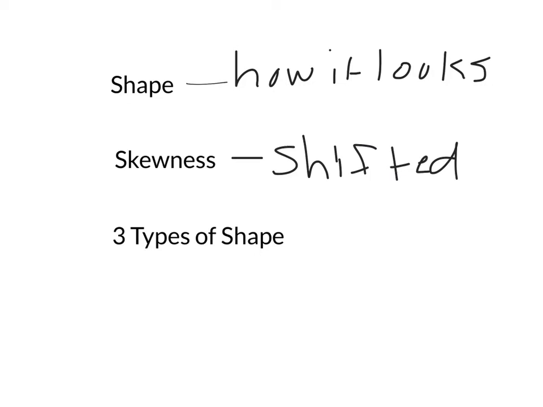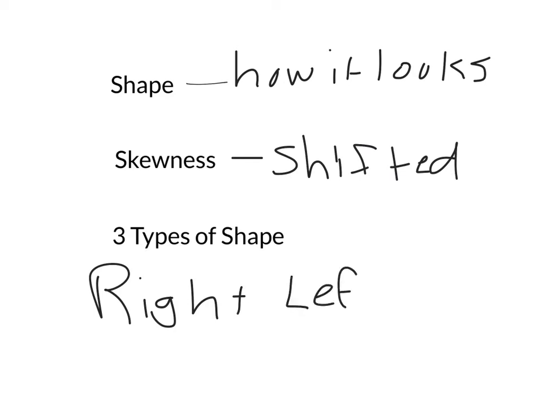Okay. So there are 3 types of shape in dot plots. What you guys discovered yesterday is that we have something we call skew right. Well, the opposite of skew right would be skewed left. And then the last of them was, what if they're not all the way on the right or not all the way on the left? What if they're nice and easy and even and form like a dome shape?